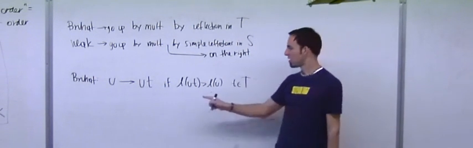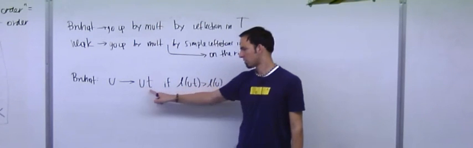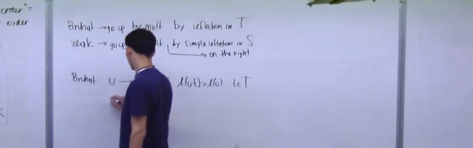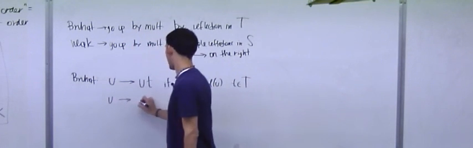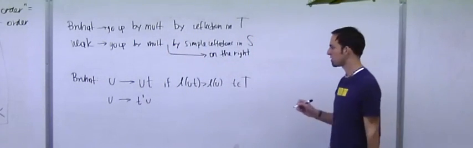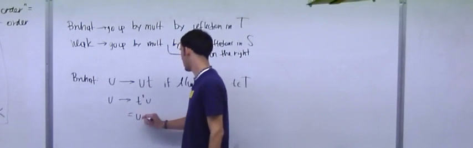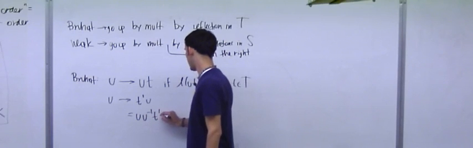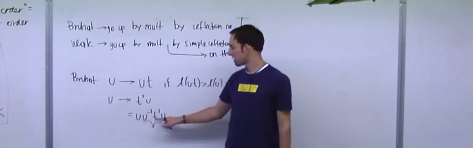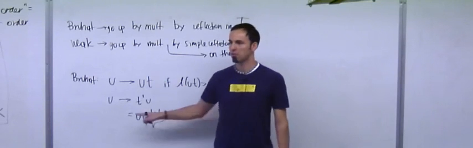But remember, we talked about how this definition looked like it was important to multiply on the right, but this is equivalent to allowing yourself to multiply by a reflection on the left. The reason is that this is the same thing as u inverse t' u, and if t' is a reflection, then this is also a reflection, because this thing is palindromic: this is the word in one direction, and this is the word in the other direction.